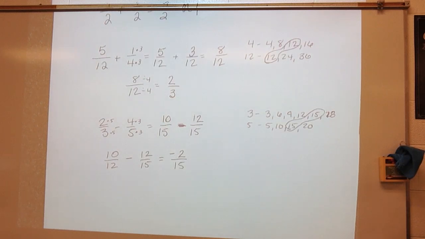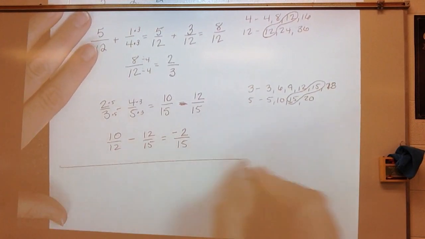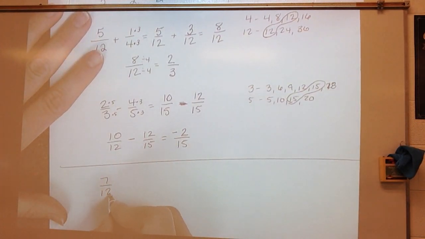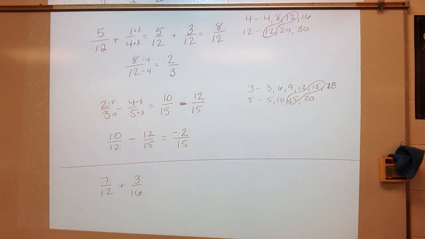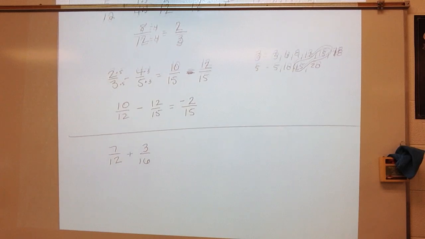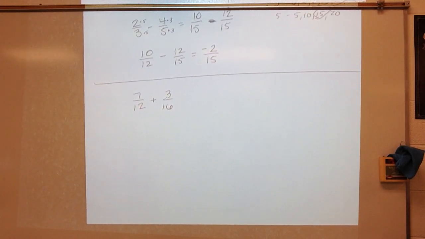Let's look at a problem that is a little bit more difficult. Let's look at the problem 7 twelfths plus 3 sixteenths. Now, those numbers are not as user-friendly. Okay? So, let's say I want to figure out what the LCD is.